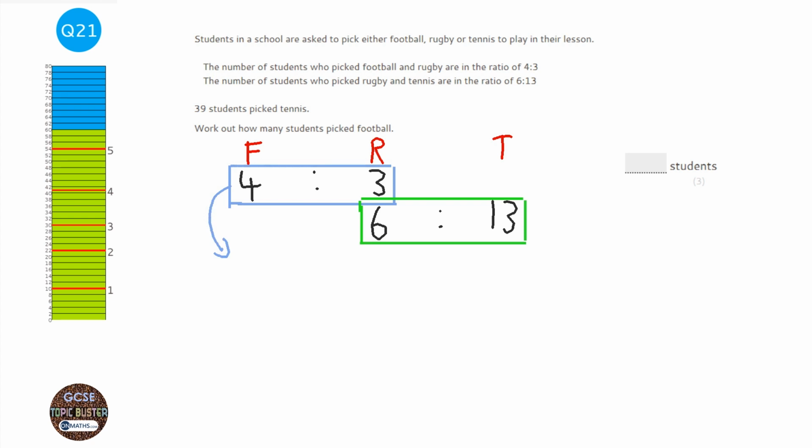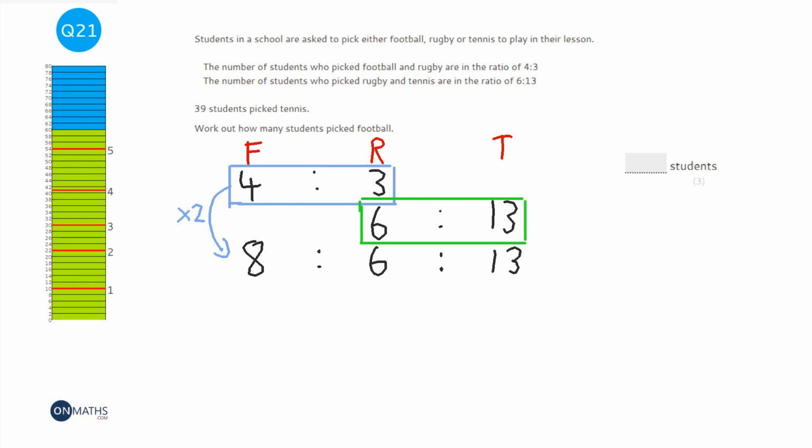If I times both of them by 2, I get 8 to 6, and that actually matches the other ratio. So because it's the same parts of rugby, I can then say that it's 13 parts tennis.